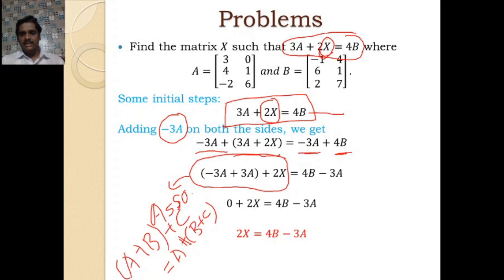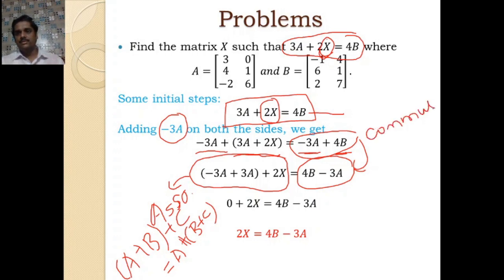And after that, in the RHS, you can see I had this and now I have this. How can we do that? That can be done by using the commutative law. What was the commutative law? Your commutative law was A plus B is equals to B plus A. Order does not matter.